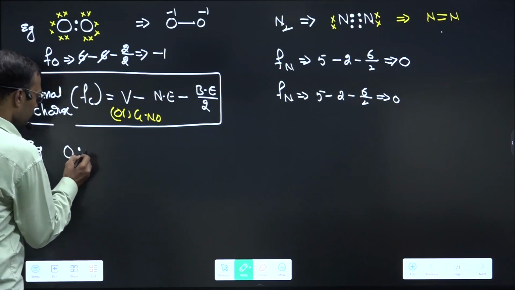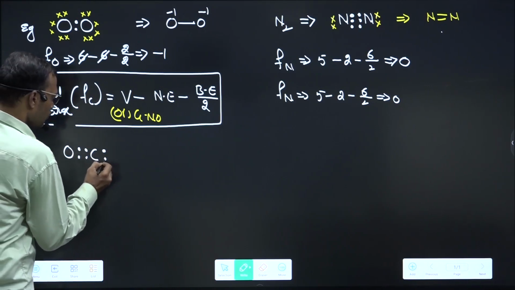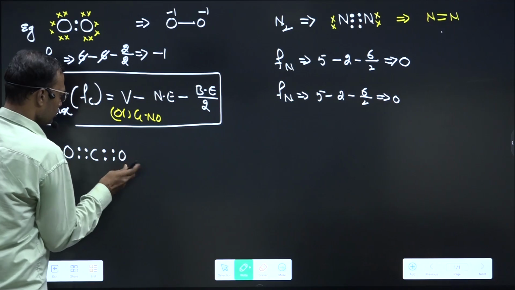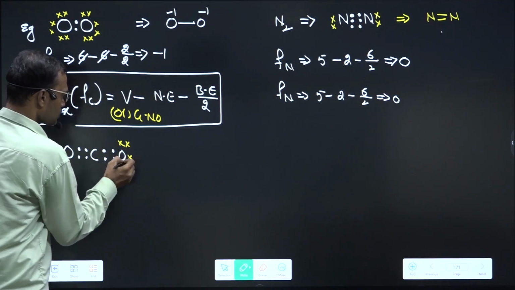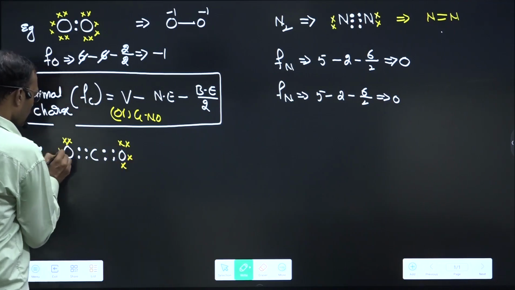See. So what is the formal charge of oxygens and carbons in this molecule?